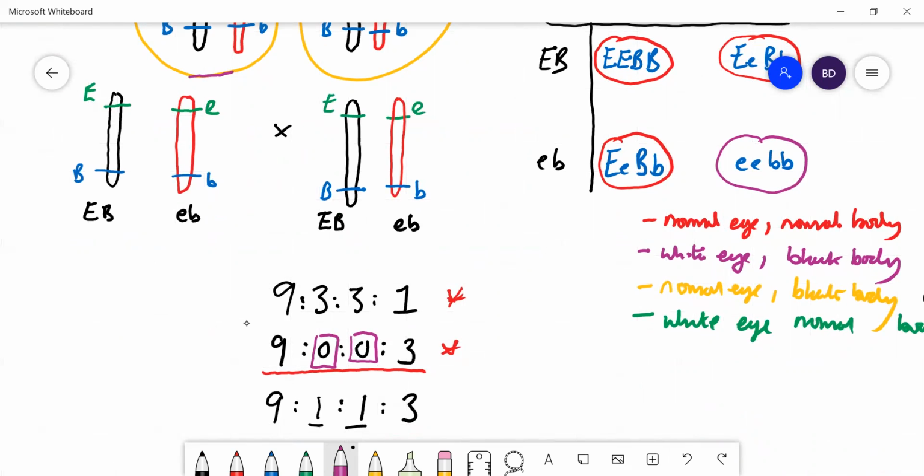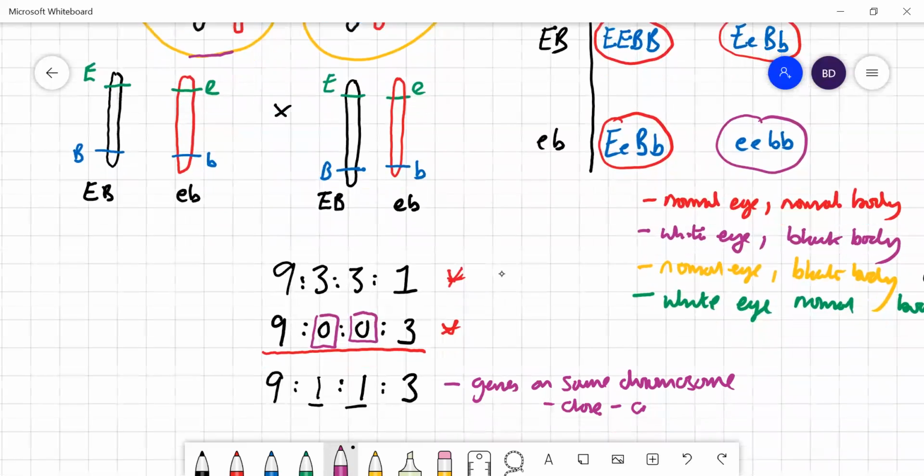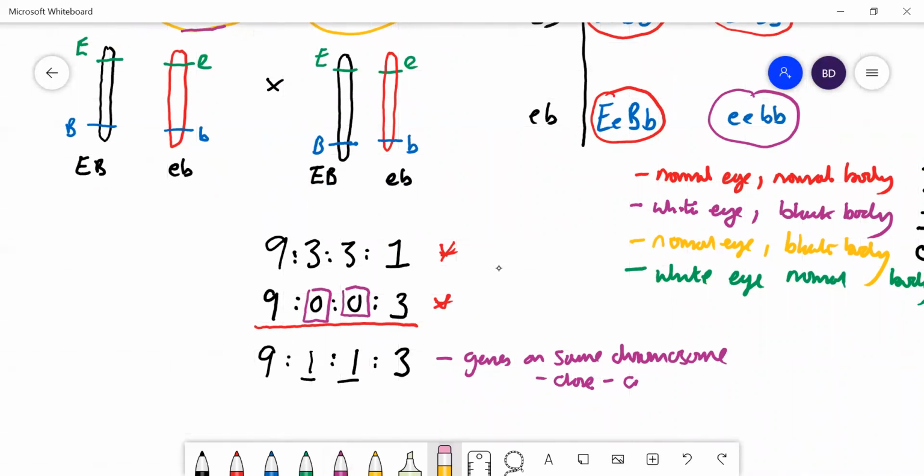And here, what's happened is we've had some crossover, and that means the genes are on the same chromosome, but they're a long way away from each other, beg your pardon. Because they're separated, crossover is possible.